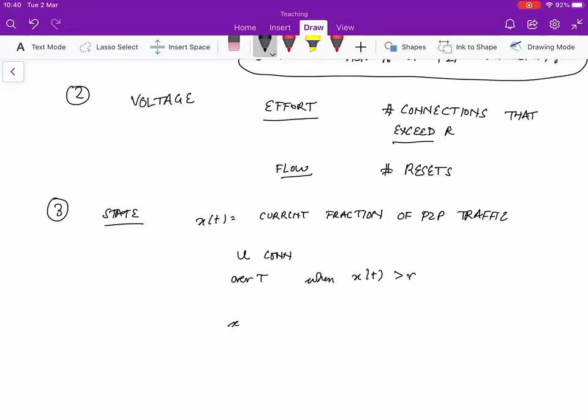So we're doing the x dot, so the rate of change of x is going to be given by minus u over t plus w if x is greater than r. Otherwise, it's w, right? So again, here it's a modeling choice.